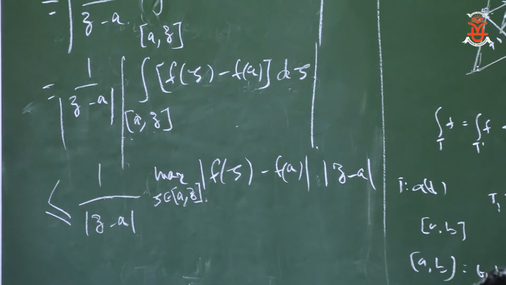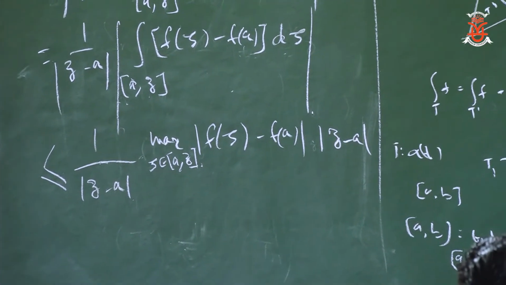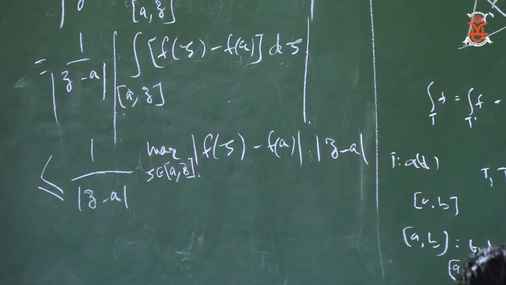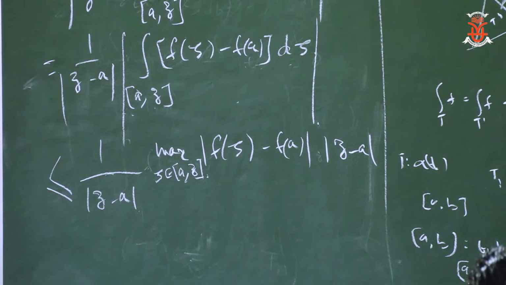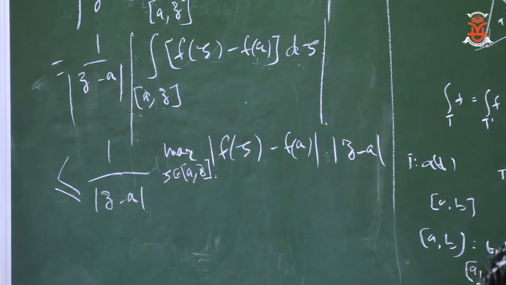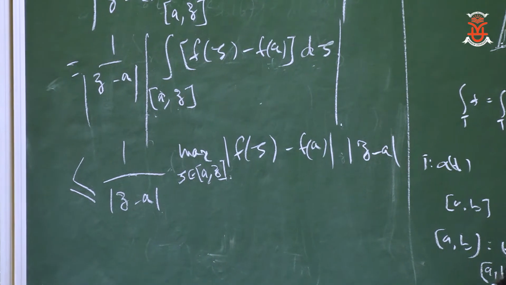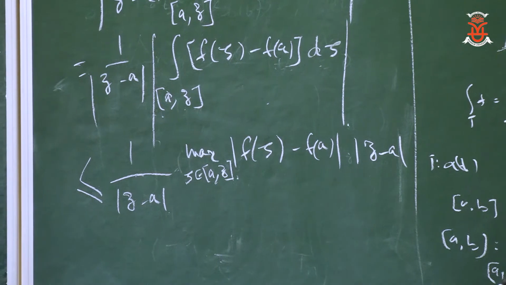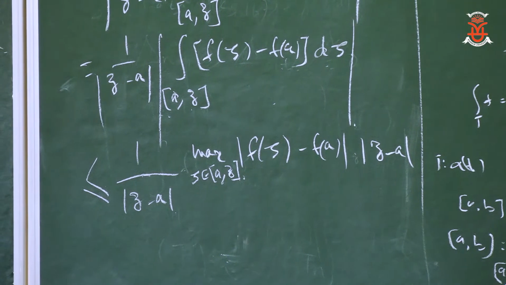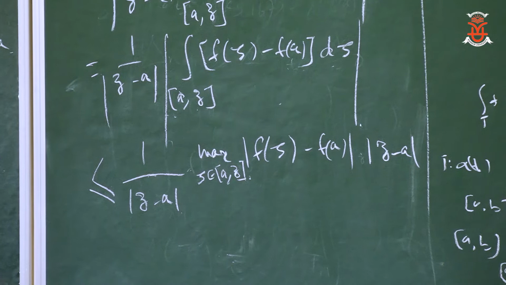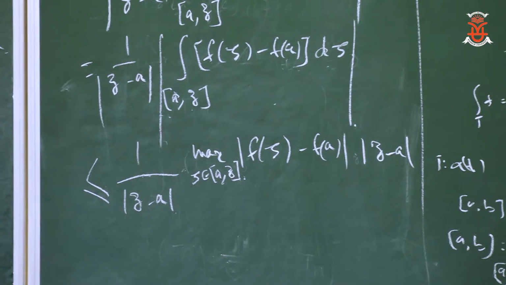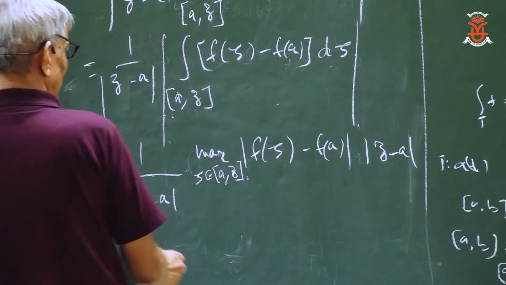So what do you get? Mod z minus a of course cancels off, and what remains is the maximum of mod f(zeta) minus f(a) on the line segment az. So what happens to this as z goes to a?